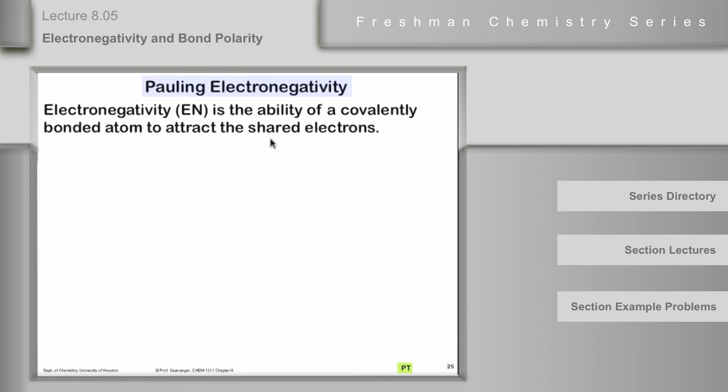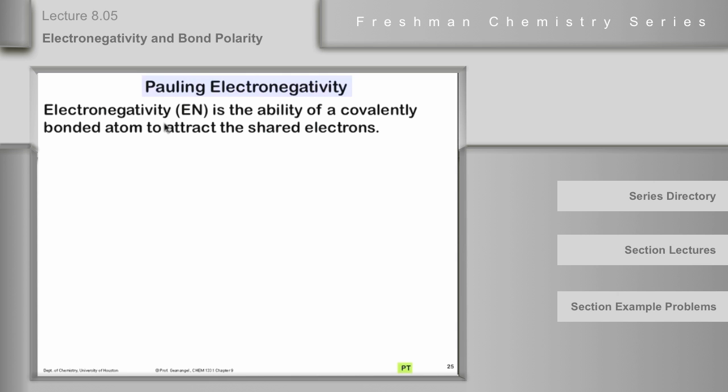The ability of an atom in a molecule to attract the electrons that it shares with another atom, of course, is called electronegativity. And there are more electronegativity scales than you can shake a stick at, but we're only going to mention one of them, and that's the one due to Linus Pauling, since it is the one that we encounter most frequently. Okay?